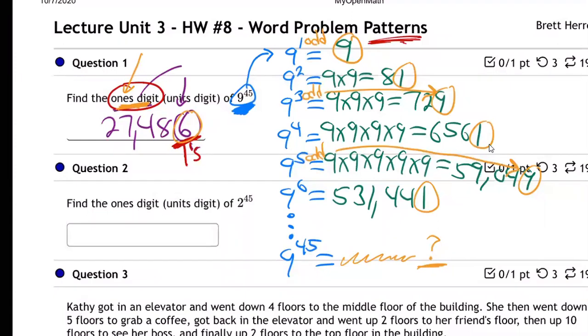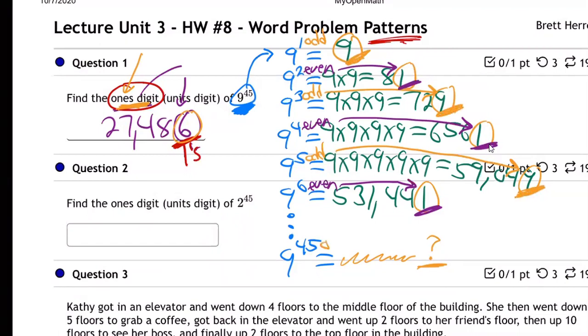And all the even ones, like 2 is an even power, it ends up being a 1. 4 is an even power, it ends up being a 1. 6 is an even power, it ends up being a 1. See how all the odds are a 9 and all the evens here are 1s, aren't they? Everybody see that pattern that Omar noticed, right? The odds are 9, the evens are 1.